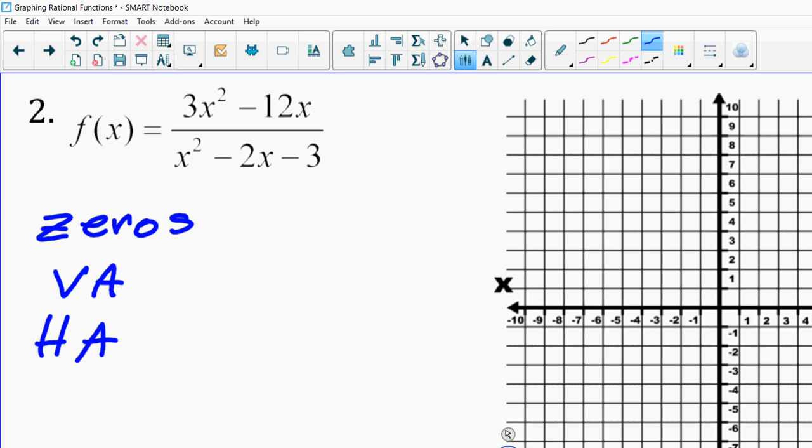Degrees find horizontal asymptotes. So if you want to, go back in your notebook. Where are zeros? How do you find zeros? Where the numerator is 0. We're going to take that numerator and we're going to set it equal to 0. Okay?